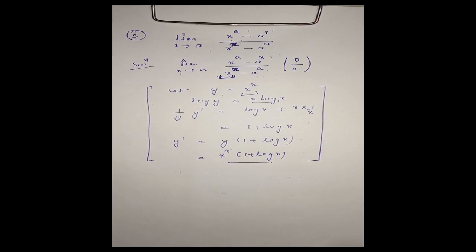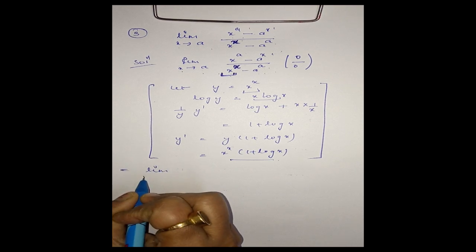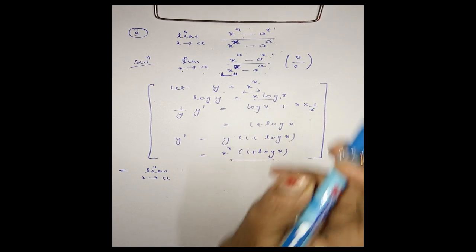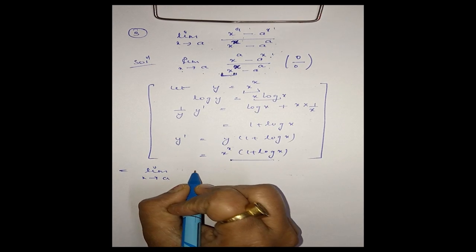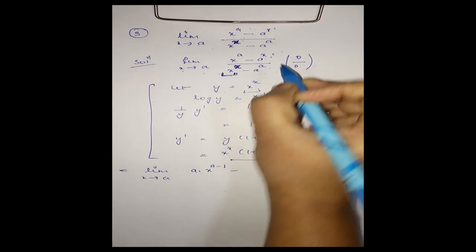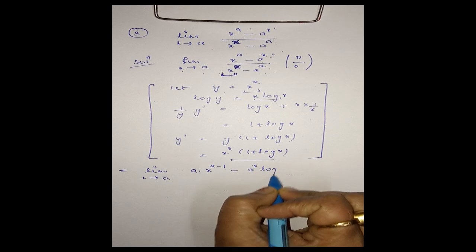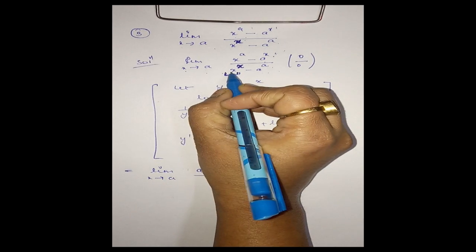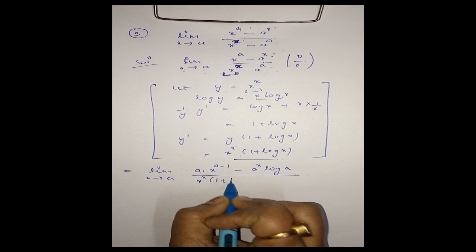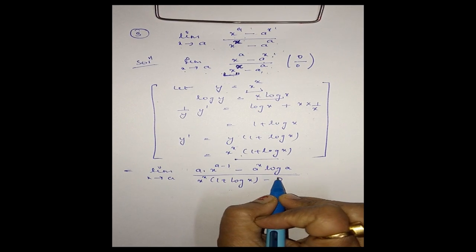Now, this limit is equal to the limit as x tends to a, differentiating numerator with respect to x. This is a into x power a minus 1, minus the derivative of a power x, which is a power x log a, and the derivative of x power x is x power x into 1 plus log x, and this is constant, that is 0.